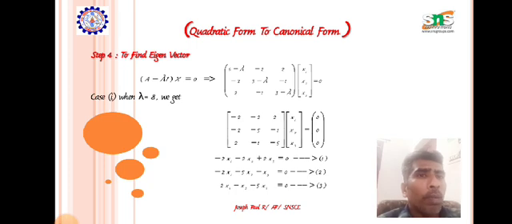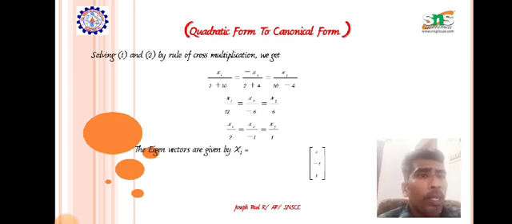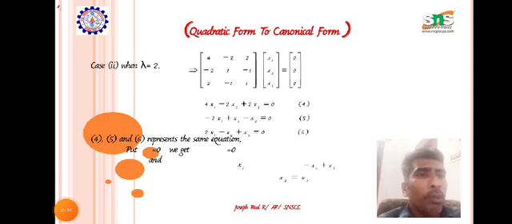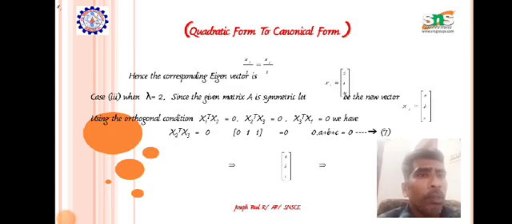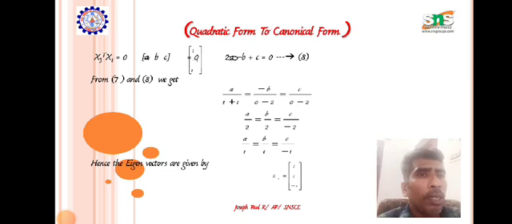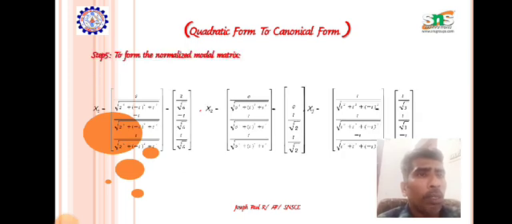I substitute the lambda value and get the equations. I need to verify whether all three equations are the same, different, or two are the same and one is different. Using this property, we calculate the vector values x1, x2 and x3, and we get all three eigenvectors by using the orthogonal property.